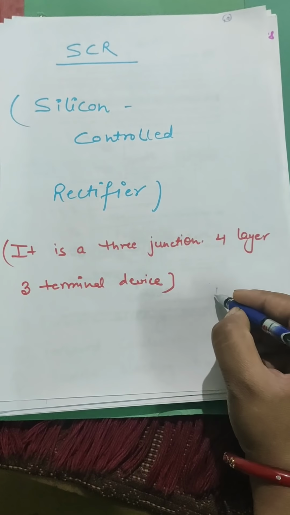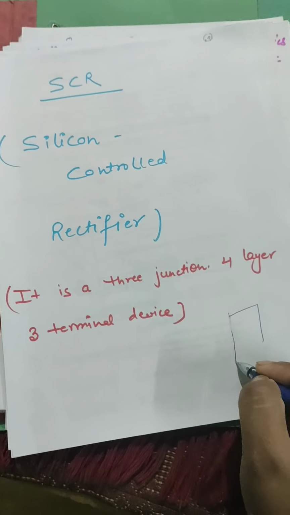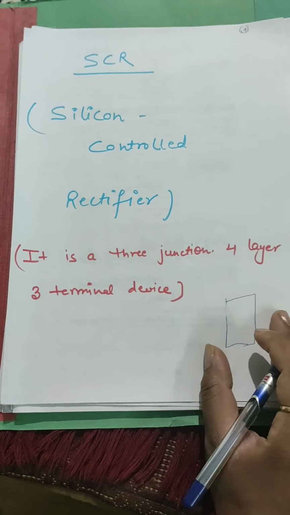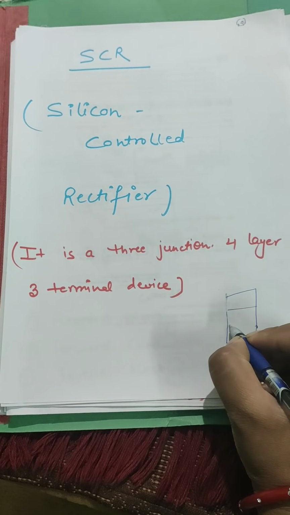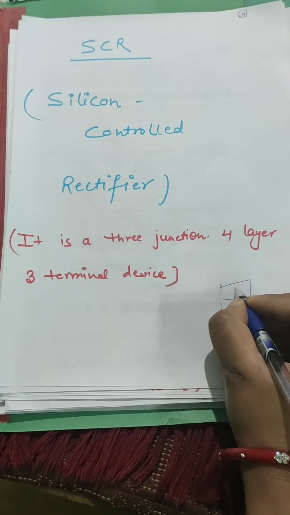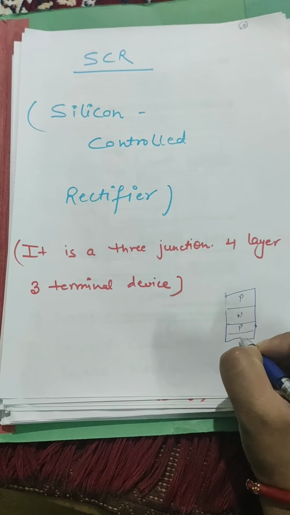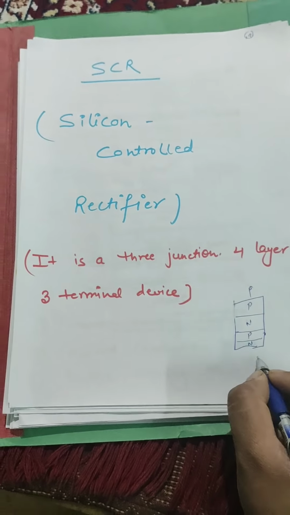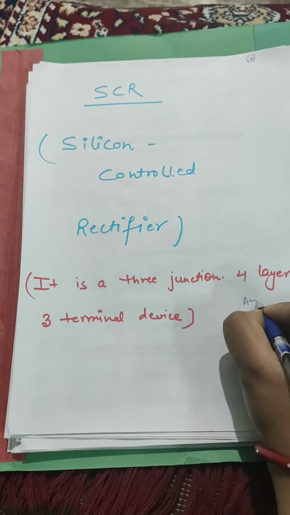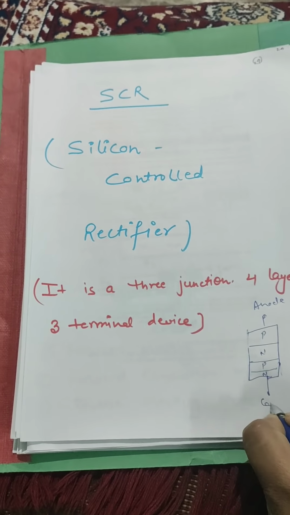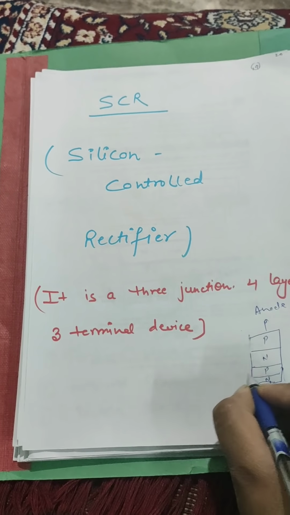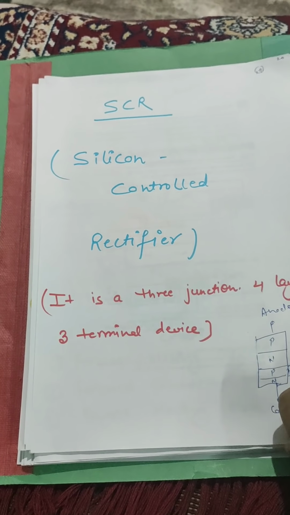You can see here, P and N layers, anode, cathode, and this one is gate.